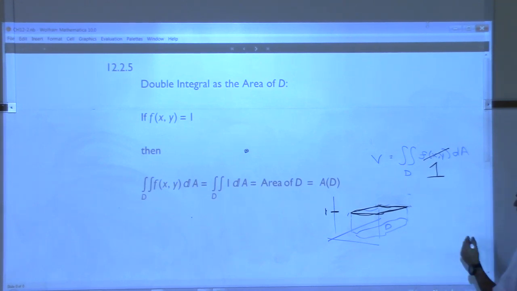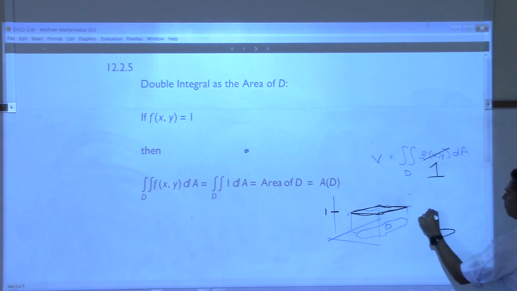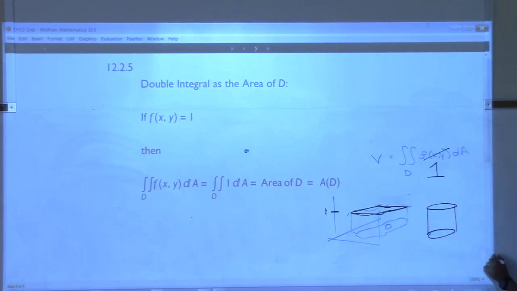So let me give you an example. Let's say we take a cylinder. Okay, what is the volume of a cylinder? Well, we can look in the back of the book. We see pi r squared h is the volume of a cylinder. So what this is, pi r squared is the area of that circle, isn't it? And then the h is the height. So what I'm saying is, what if h is 1? If h is 1, isn't the volume the same numerical value as the area of that circle?